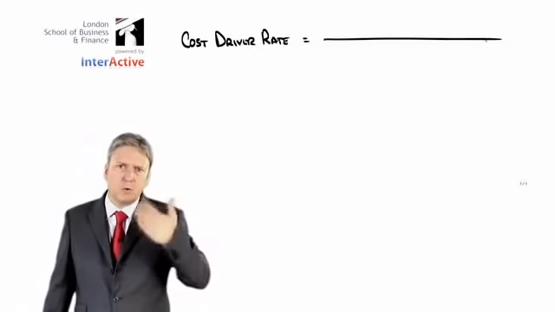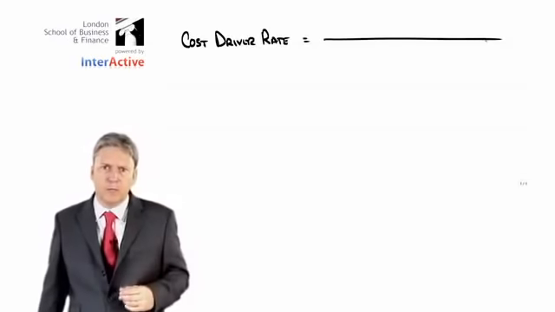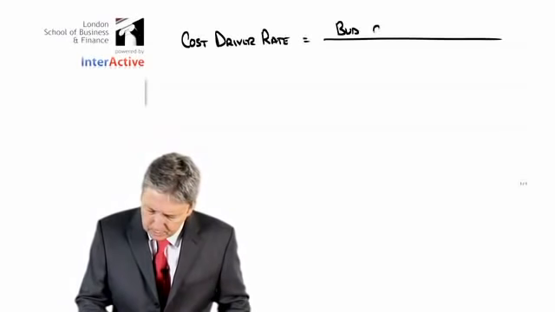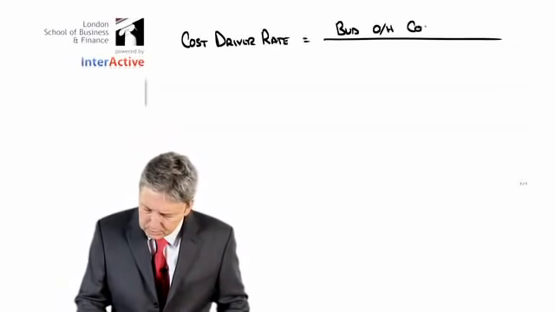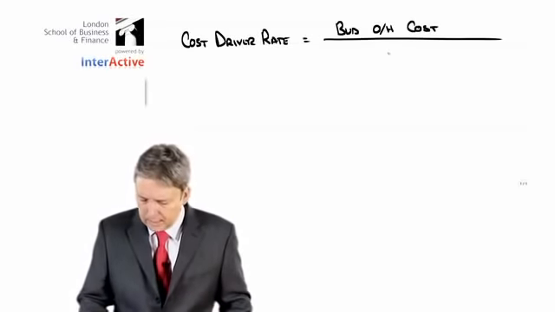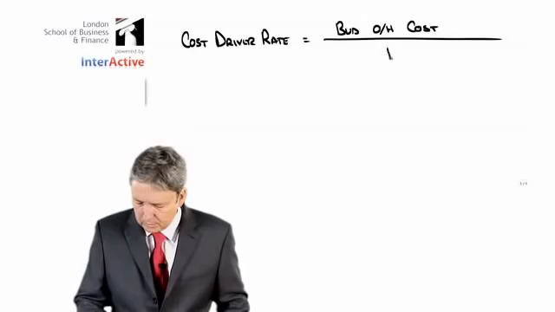We've just got to be slightly more careful about what numbers we're picking up. So what we're going to have across the top is the budgeted overhead cost, and what we're going to have on the bottom is the budgeted level of activity.